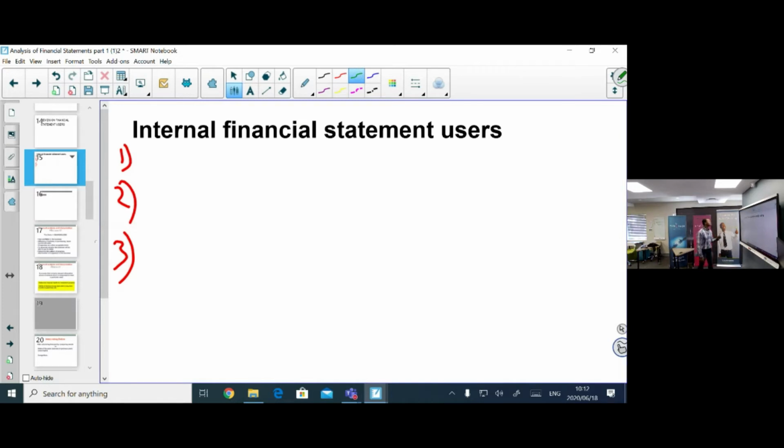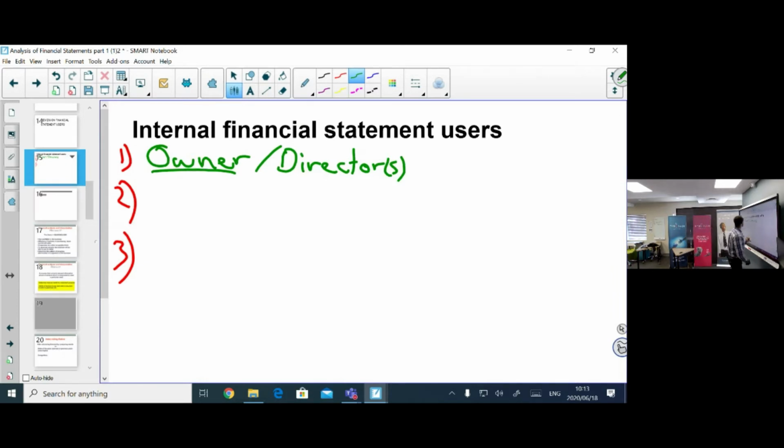Internal financial statement users, who are they? The owner, remember? The owner. And who else? Also the directors. And the owner, if the business is a sole proprietor, it's not a company.